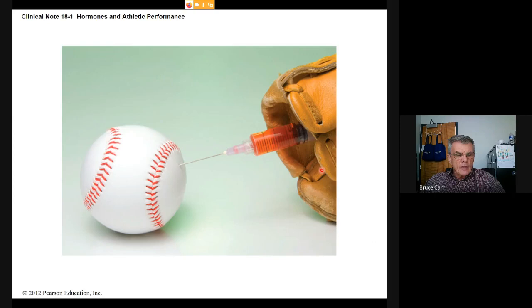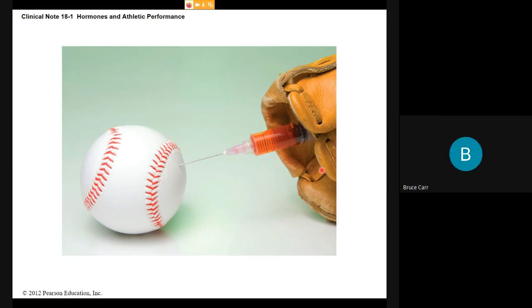Here in St. Louis, we've just been involved in this discussion because the decades-old record for home runs in a single season held by Roger Maris was broken by one of our local hitters. And he's a very large man, very muscular man.